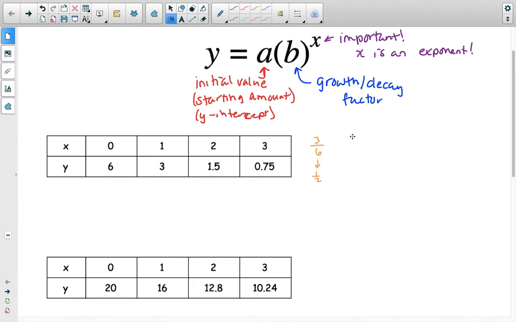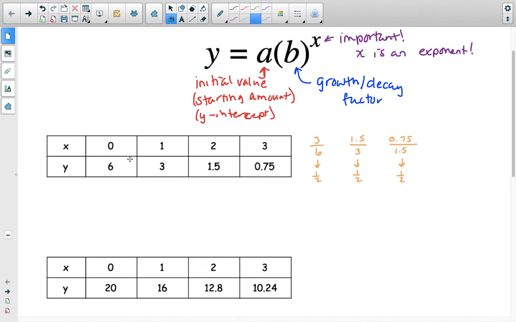Then we have 1.5 divided by 3, which will also give us a 1/2. So far this is the same value, so this is a constant multiplicative factor. And then we have the third one of 75 hundredths divided by 1.5 gives us also half.